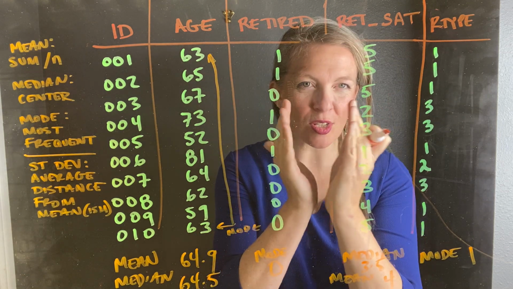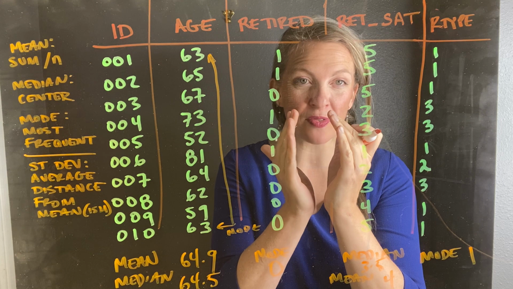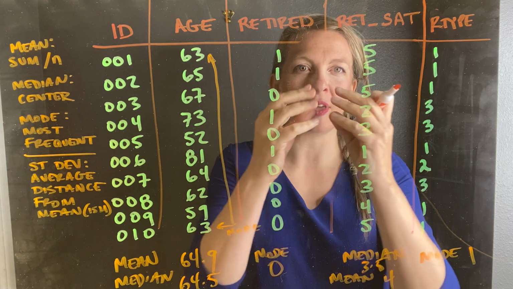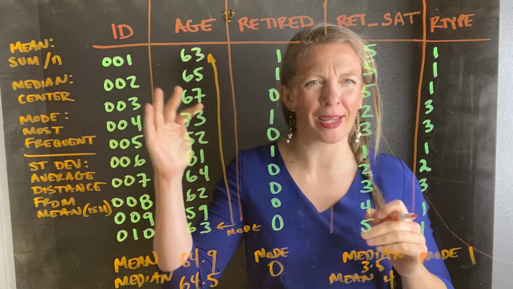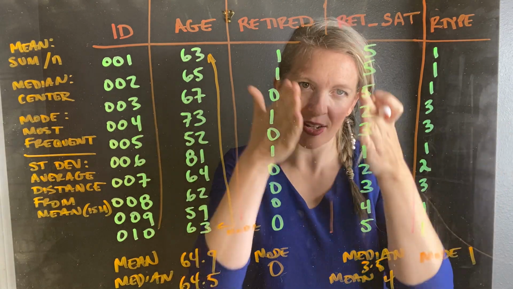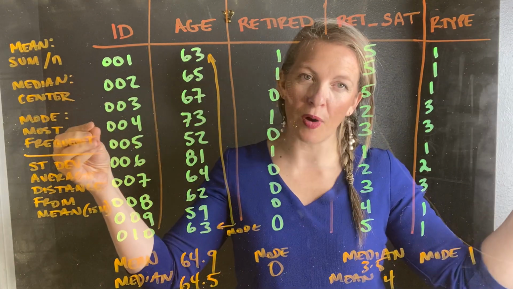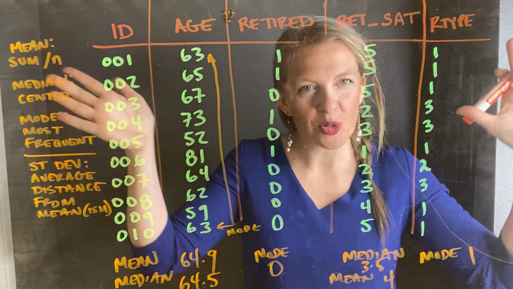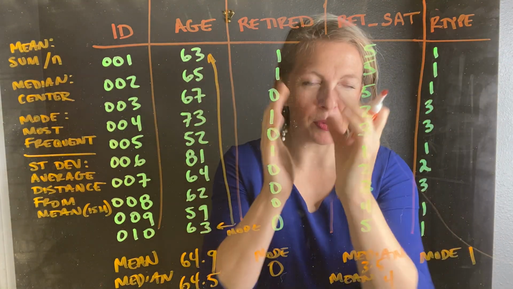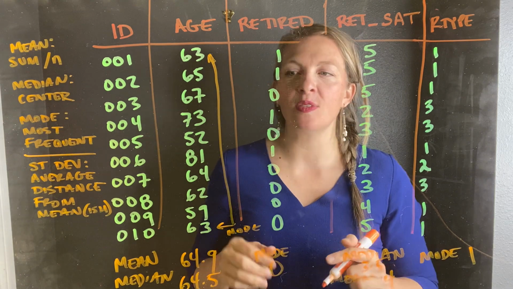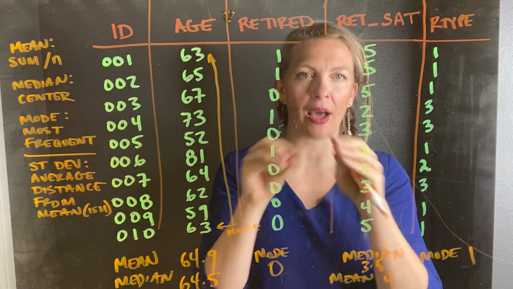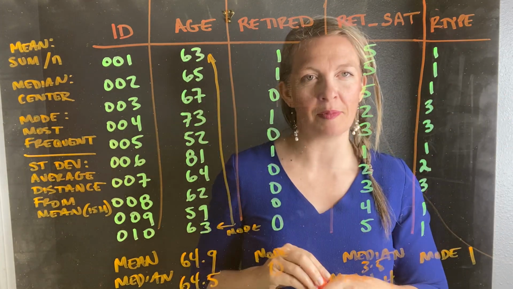Are they clustered together right around that age of 64.9? Or are they really spread out? In other words, do we have 18-year-olds and 20-year-olds and 102-year-olds in our data set? Do we have a nice wide spread? Or do we have a beautifully tight distribution where most people are really close to that mean? And so by calculating the standard deviation, that helps us to talk about how spread out the data is or how clustered around the mean it is.